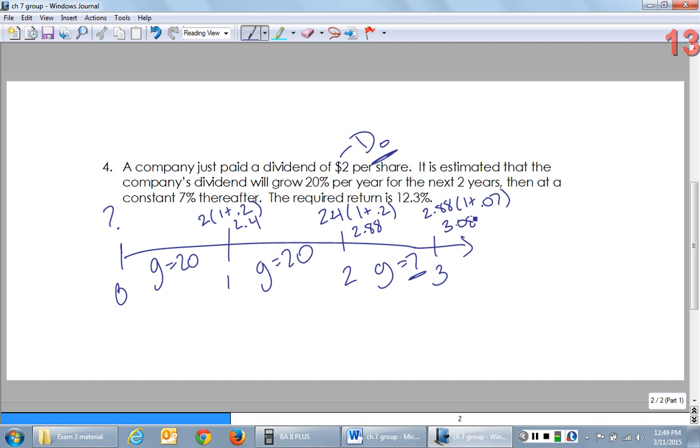Because growth rates become constant after time period 2, we can calculate the price of the stock at time period 2, which would be dividend 3 over R minus G. Dividend 3 is $3.08, divided by the required return of 12.3% minus the growth rate, and we're using the constant growth rate, so the 7%.